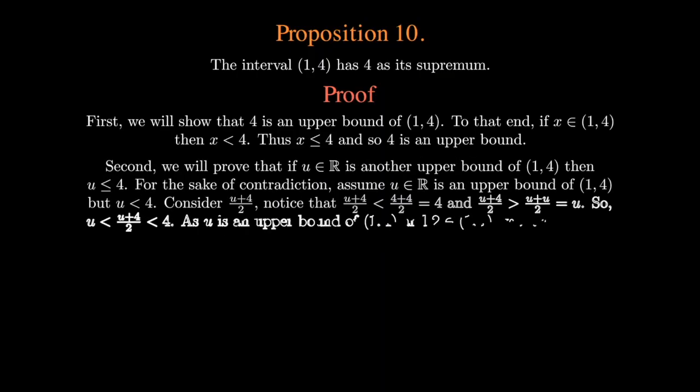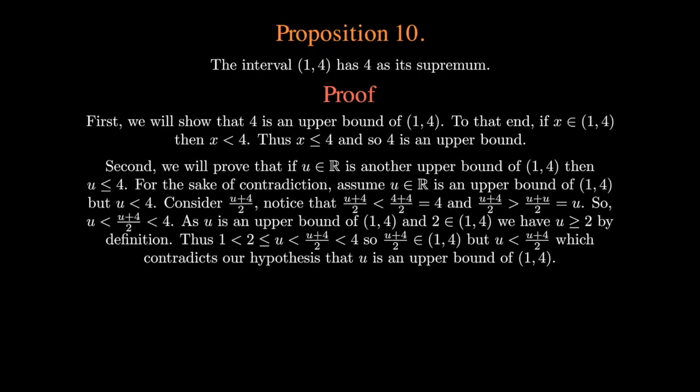To show that 4 is the least upper bound, we will do so with a contradiction. We start by assuming that u is another upper bound for the interval, but u is strictly less than 4.